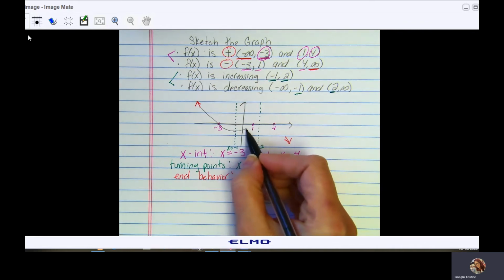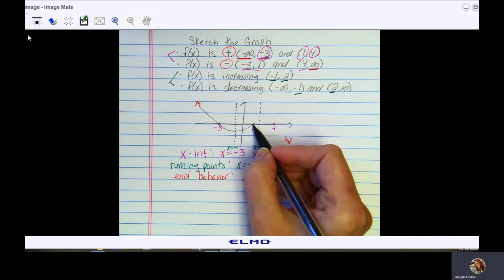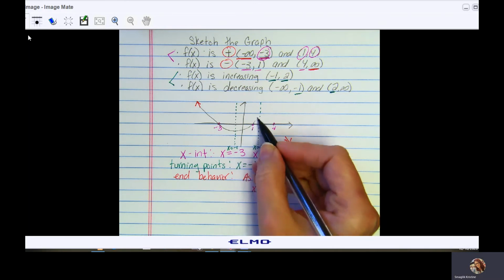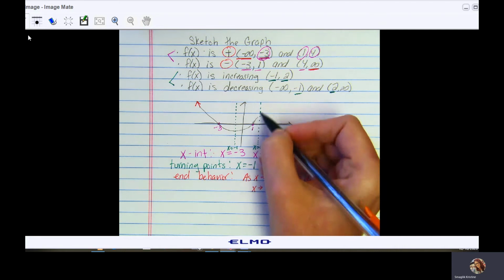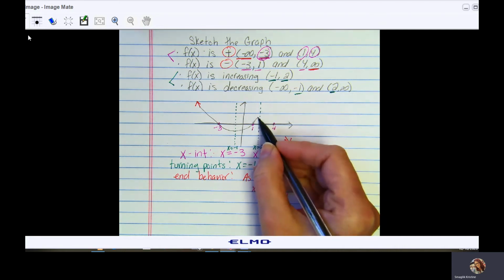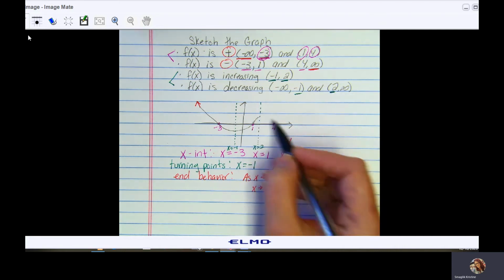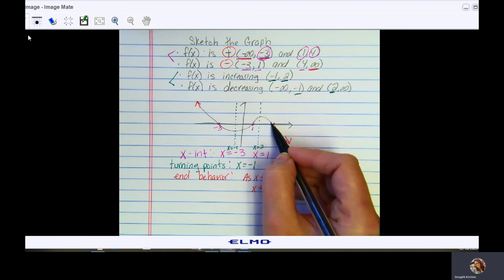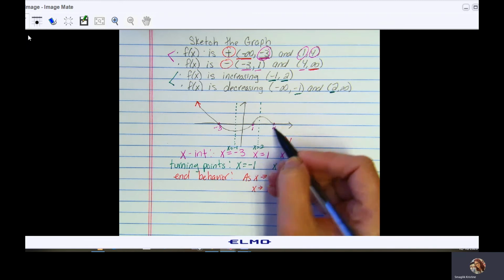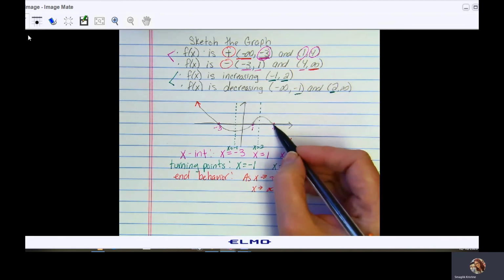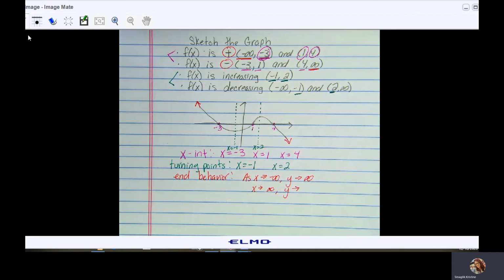I then have to go through x is 1. Okay, now I'm going into a positive interval. Somewhere here at x is 2, again, wherever you put this doesn't matter. I'm turning. And then I have to go through x equals 4. That's an x-intercept. That's also telling me where my interval is going from positive to negative. Now I'm negative, and I meet up with my end behavior.